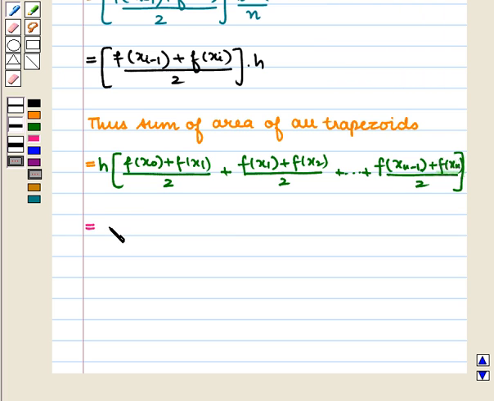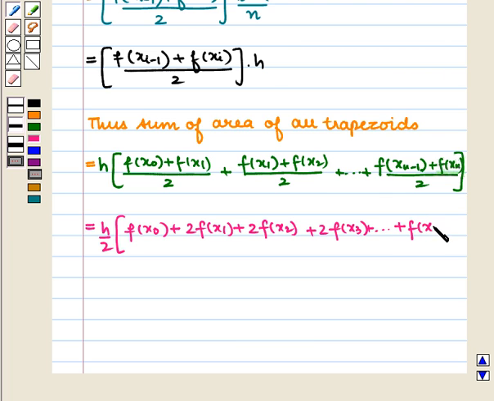Therefore, this is equal to h by 2 into f of x0 plus 2f of x1 plus 2f of x2 plus 2f of x3 plus so on plus f of xn.